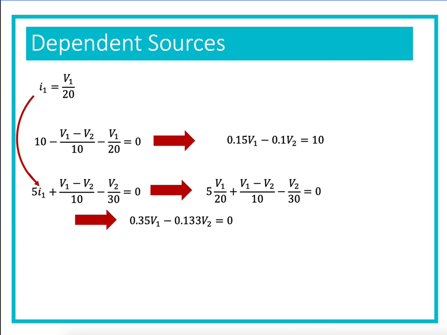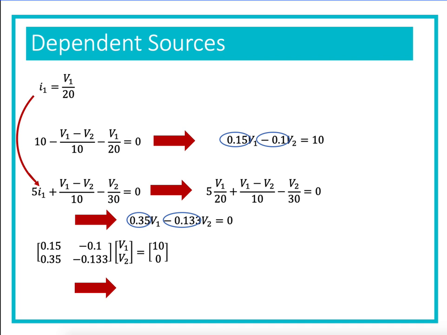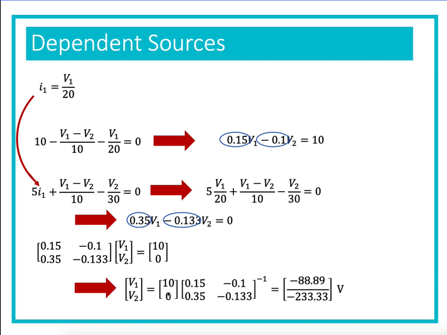And then the process is the same. Now that we've got two equations and two unknowns, we're going to take the coefficients and put them into an equation here, and then we're going to solve it, and we get two values again down here.